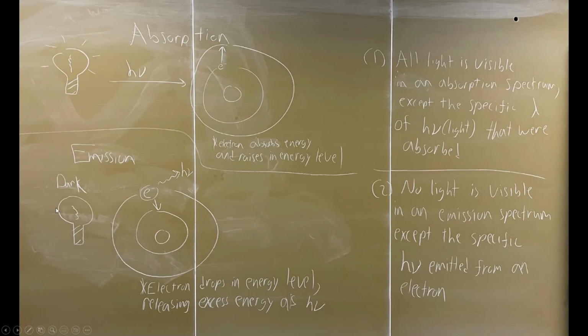Now, once we turn that light source off, then we can get an emission spectrum where, as this extra energy in the electron now gets released back as light, allowing that electron to drop down an energy level. That light that was released is now what's being detected on our detector.